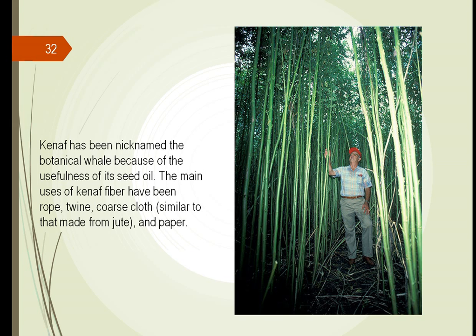We can make it into paper. We can make it into clothing. We can even take the oil from its seeds and use it to run machinery. So there are many other plants that have been around for thousands of years that we can use for other reasons.